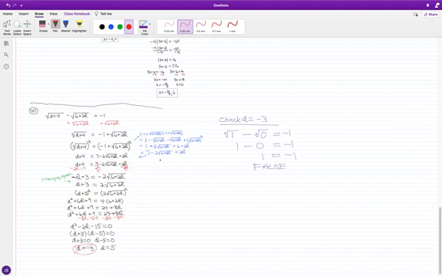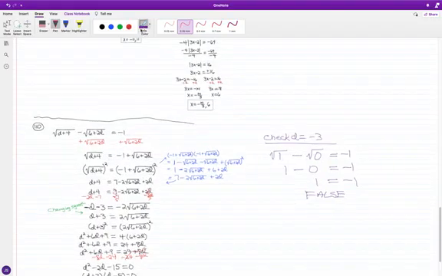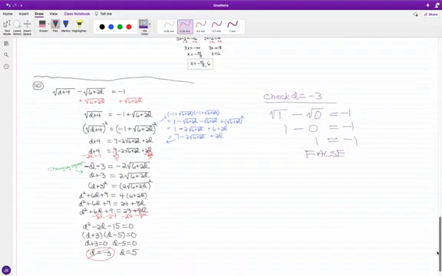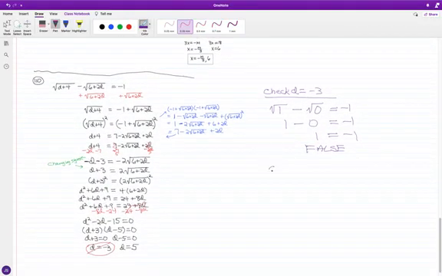But now for D equal to 5. You got 5 plus 4 is 9.